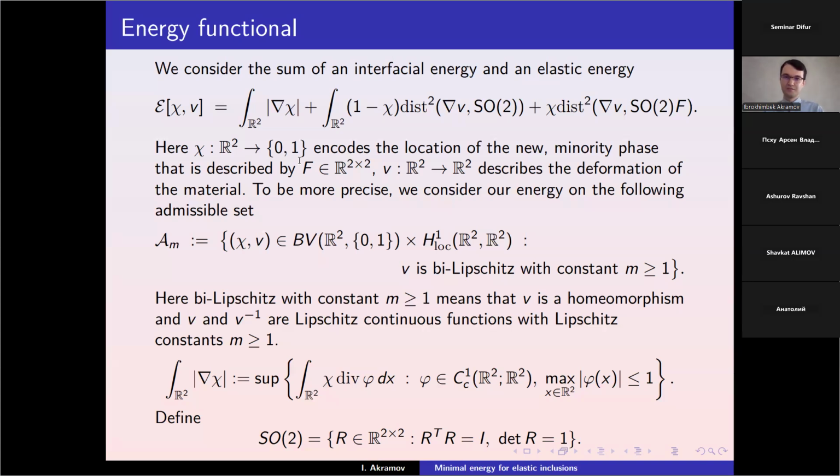What does gradient chi mean if chi is not continuous? This we define in the distribution sense. In the distribution sense, chi is defined almost everywhere, not at each point.